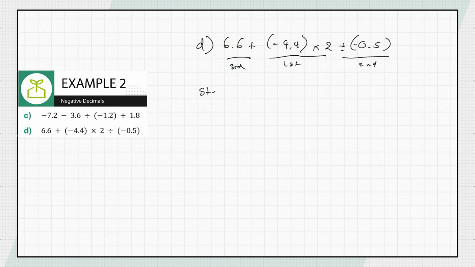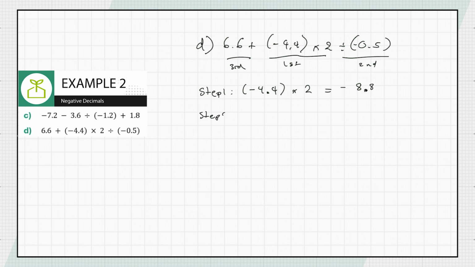Okay, so step 1. We have minus 4.4 times 2. Negative multiplied by a positive is going to be a negative. This will be equal to negative 8.8.